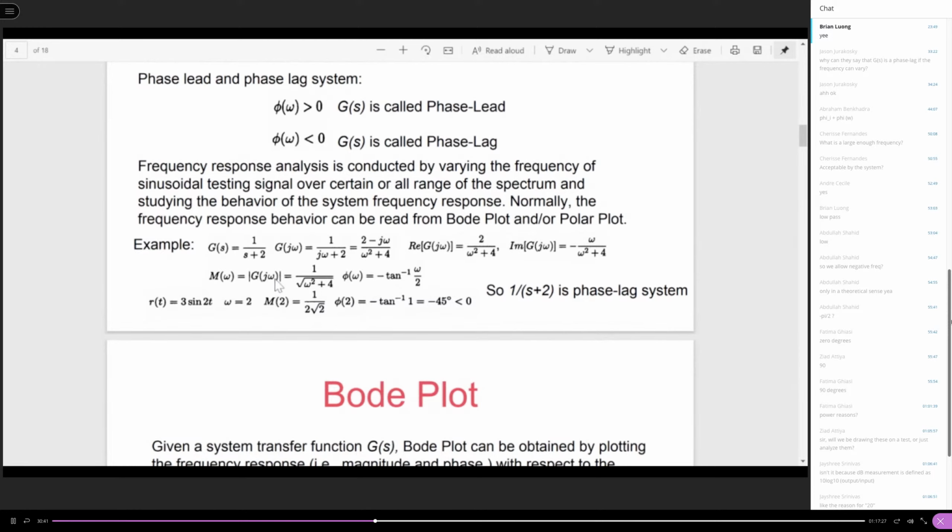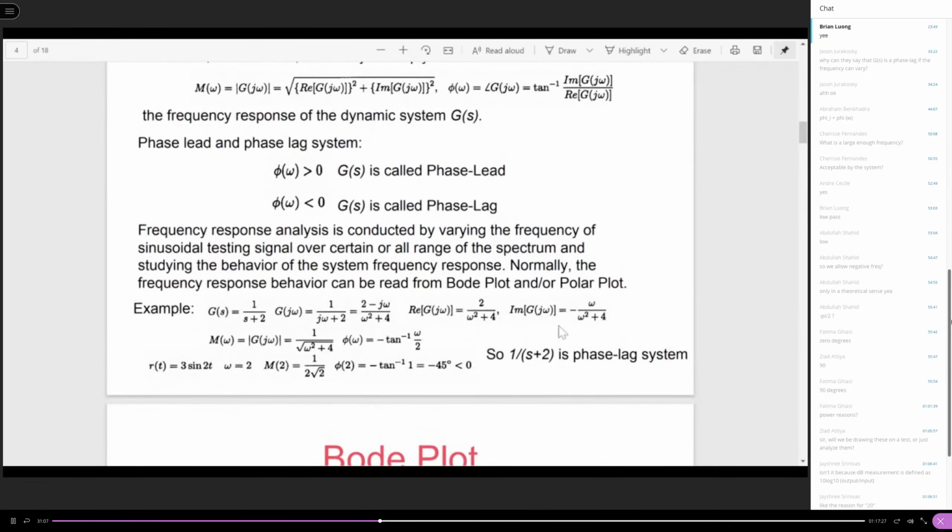And the phase provided by the system at this specific frequency, 2 rad/s, is going to be equal to -45 degrees. They can be computed from these two formulas, right? So you can see at omega equal to 2, the system actually provides a negative phase.